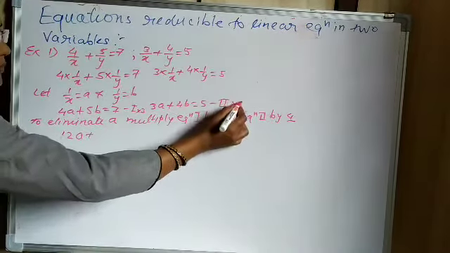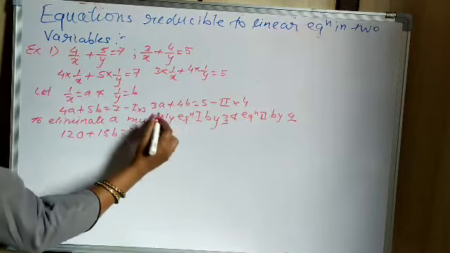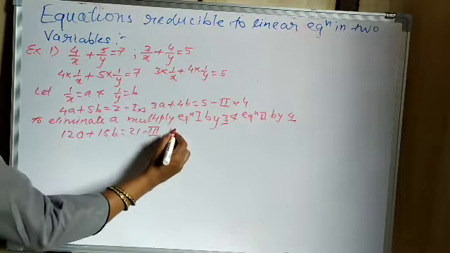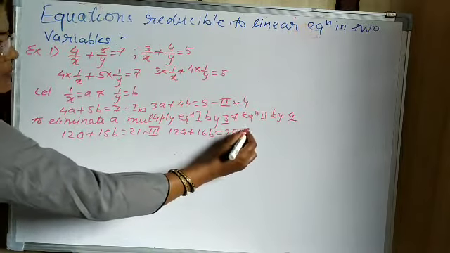This is equation number 3. And similarly, multiply equation 2 by 4. So 3 into 4, 12a, plus 4 into 4, 16b, is equal to 4 into 5, 20. This is equation number 4.